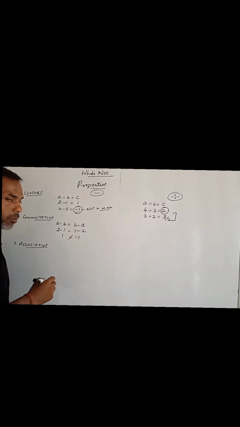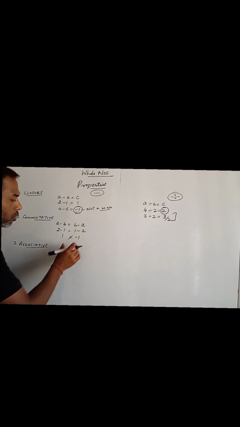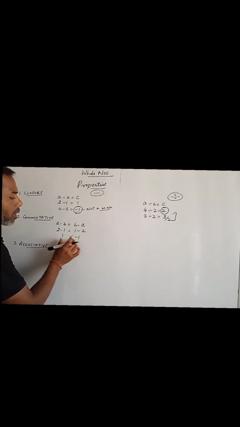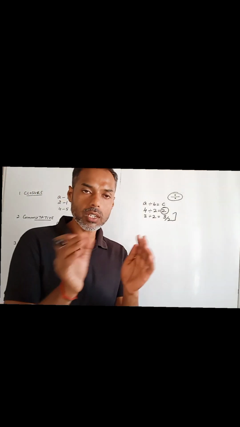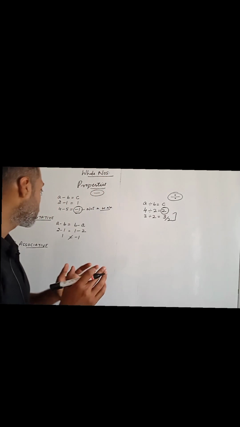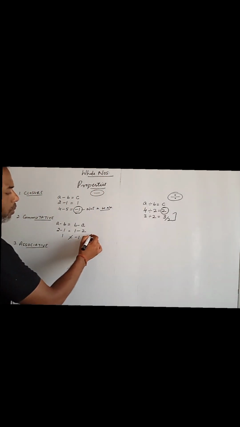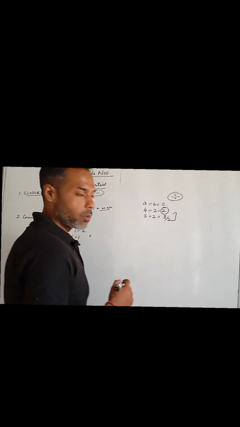Now these are not the same. 1 is a positive integer and that is a negative one. So we are not getting a whole number, and also we are not getting the same result when changing the order of the numbers while doing subtraction. So this property also does not hold in the case of whole numbers.